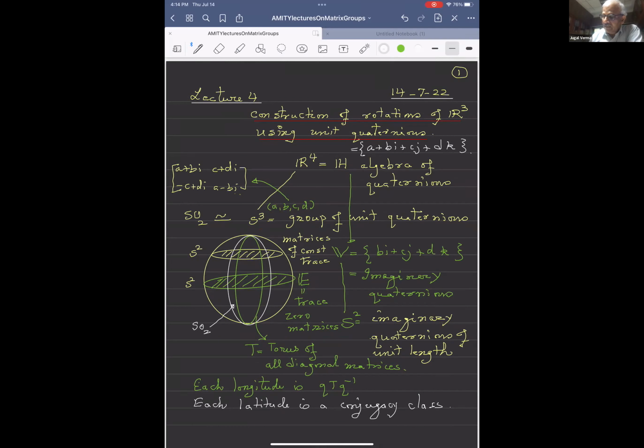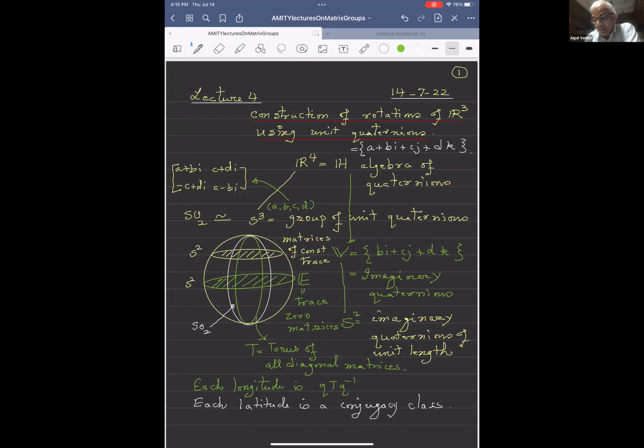The discoverer was William Hamilton, and these are named in his honor. Hamilton introduced quaternions to put some mathematical foundation under a branch of mechanics called Hamiltonian mechanics, and these are extensively used in physics. So here my purpose is to introduce rotations of 3-dimensional space using quaternions.